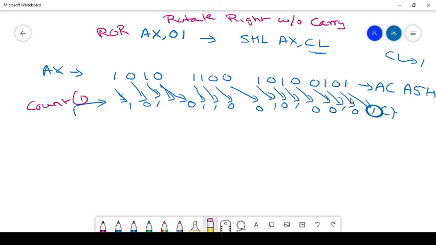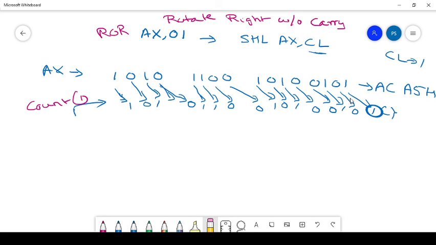Rotate right through carry the contents of AX one time. So say the content of AX is maybe 1 0 1 0 0 1 1 0 1 1 0 0 0 1 0 1. So rotate right through carry. So already there is a carry flag. Initially the carry flag content is 0. So now what happens, we'll see.